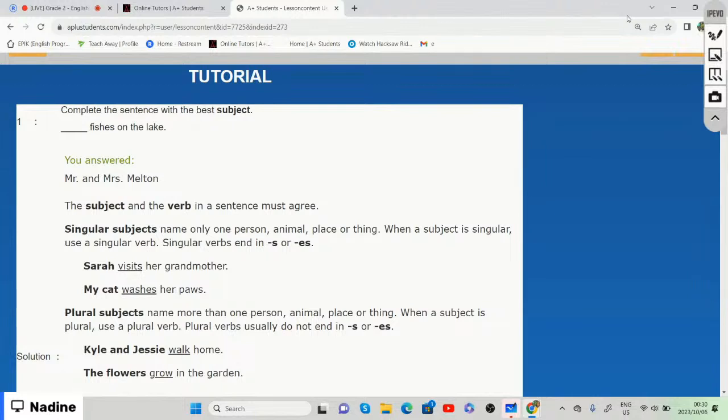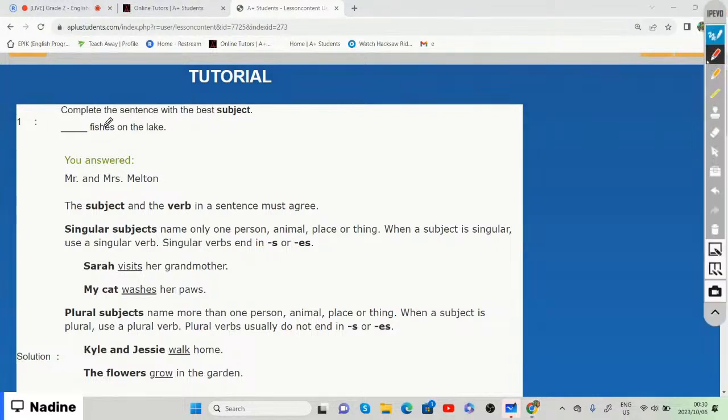We're only going to say Mr. Melton because remember we said that, you see here, fishes ends with es, which means that we need to have a singular subject. Let's say Mr. Melton. So Mr. Melton fishes on the lake.